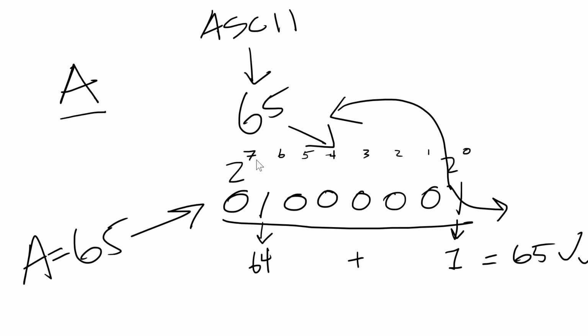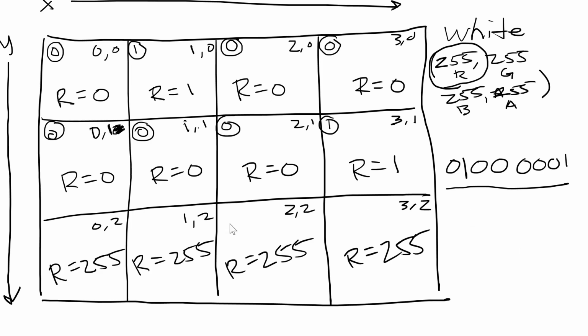We started with the letter A. We broke that down to its constituent ASCII numerical value, which is 65. We broke that down further to its binary value. We applied that binary value to be the value of the red channel within each pixel of an image. If there was no binary value or bit value, we set the red channel value to 255.